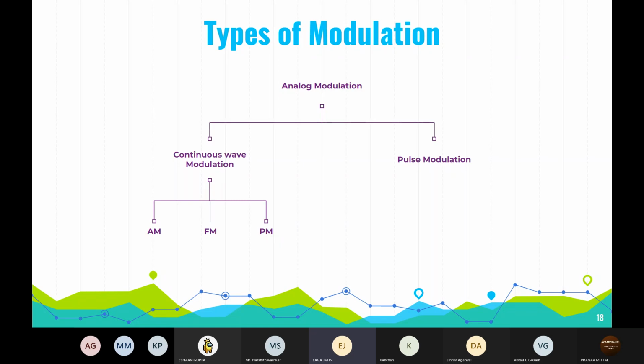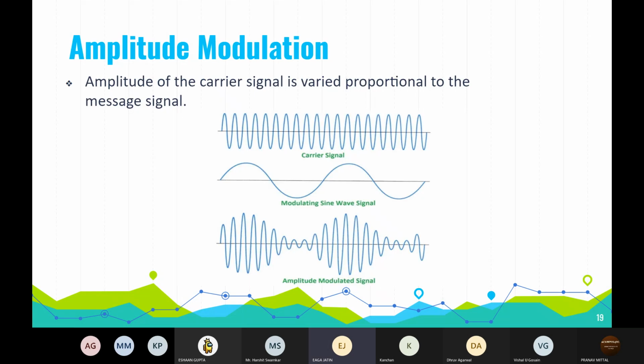In amplitude modulation, the amplitude of the carrier wave changes according to the message signal. If the message signal has a high frequency signal and the carrier signal, then the amplitude modulated wave would look like this. As you can see over here, the shape of the carrier wave changes according to the message signal.